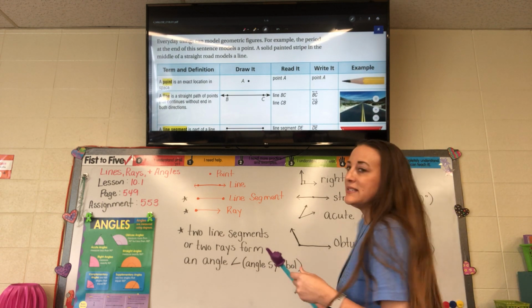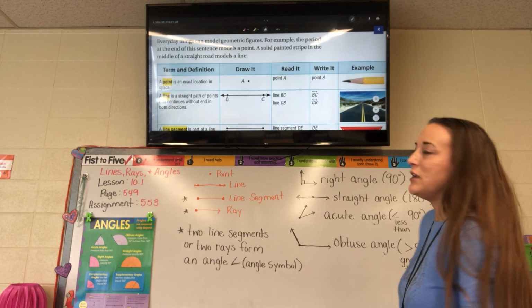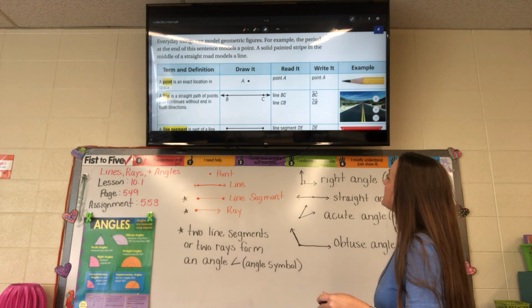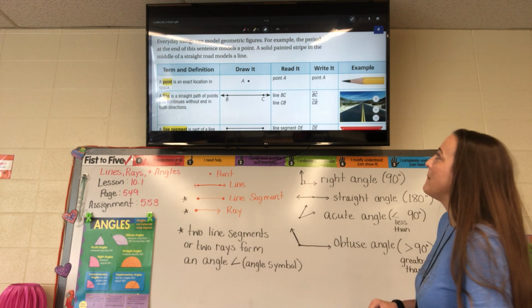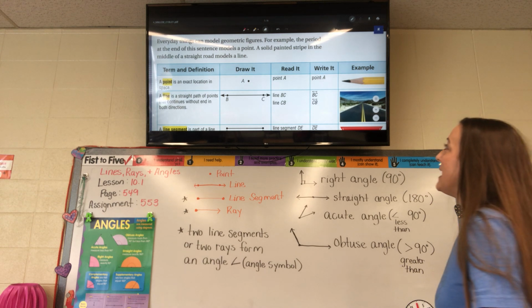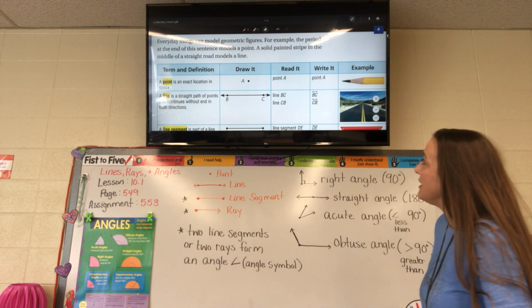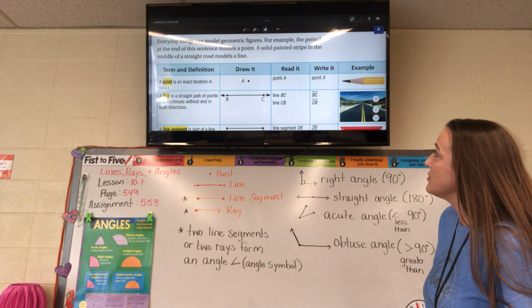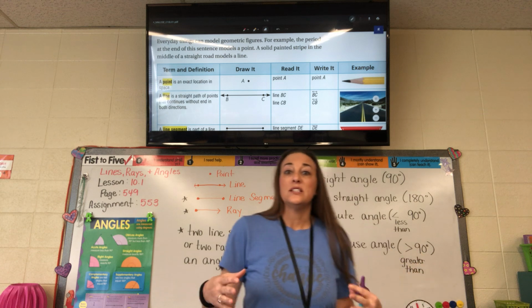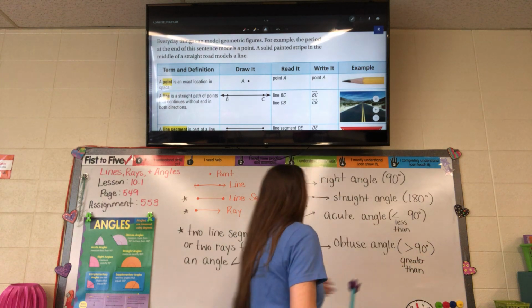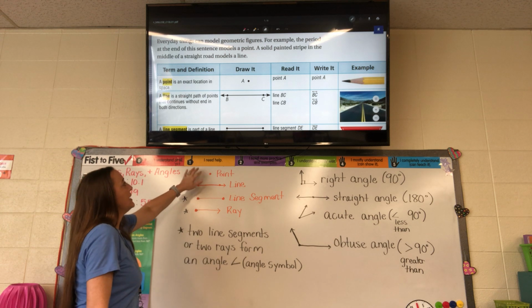It says, everyday things can model geometric figures. For example, the period at the end of this sentence models a point. A solid painted stripe in the middle of a straight road models a line. The next part is just some terms and definitions, and I've written some of it down here too.